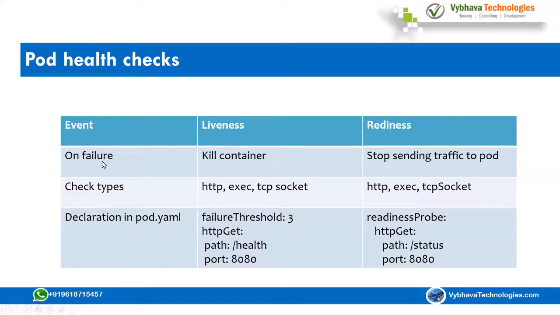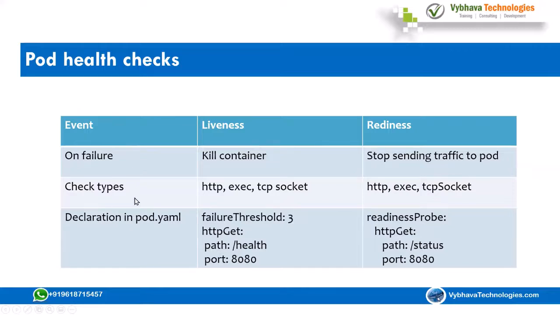First, the event on failure. If liveness fails, it is going to kill that container, and a new container will be created. With readiness, it is going to stop sending the traffic, so that another available pod in the replicas will take the next request.